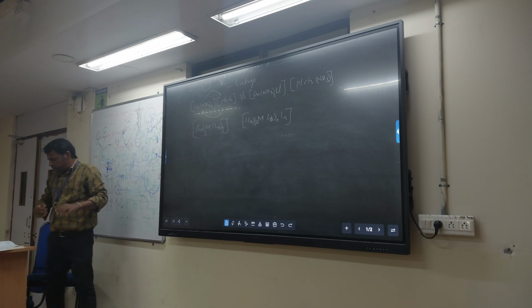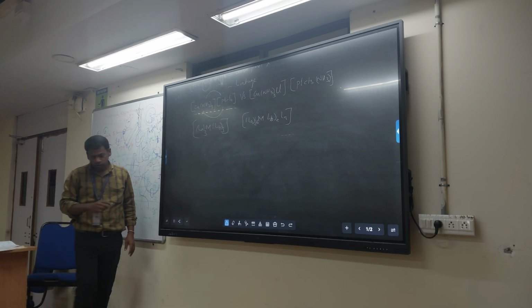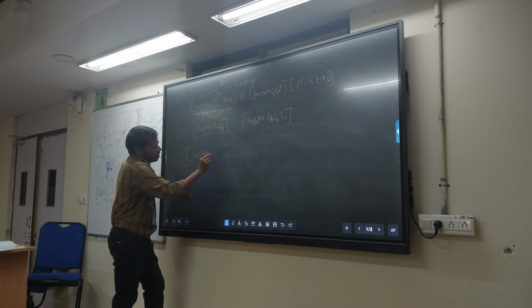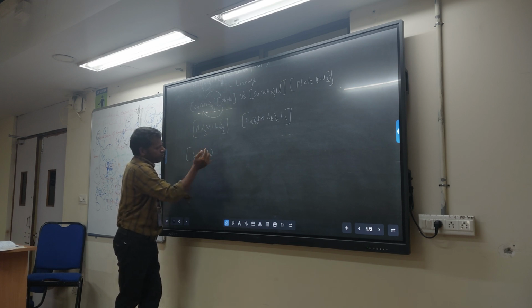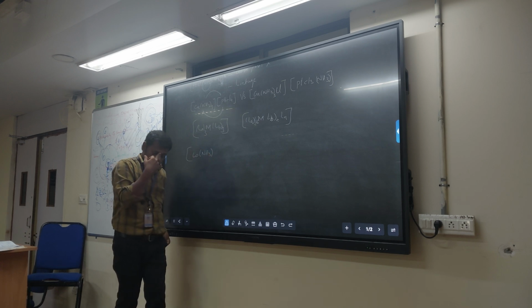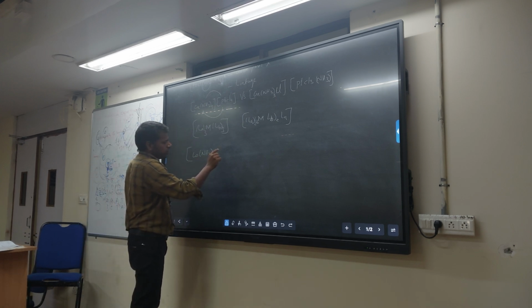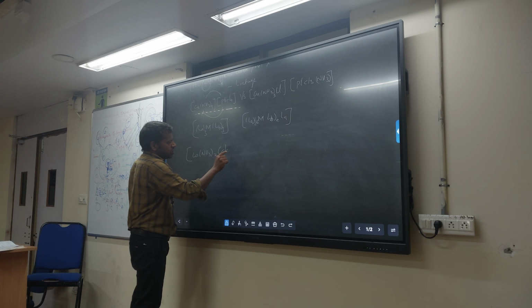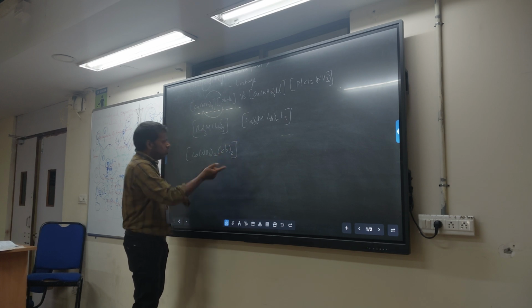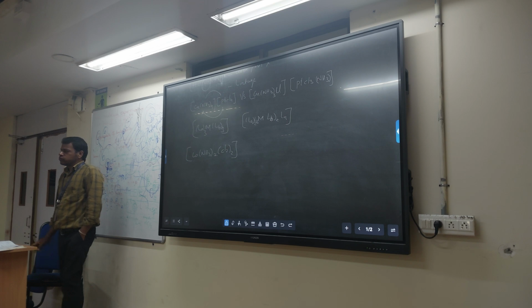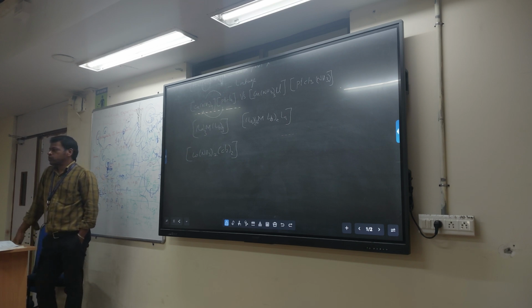You practice one by one, okay? Co(NH3)2Cl2. What type of isomerism is possible in this complex?